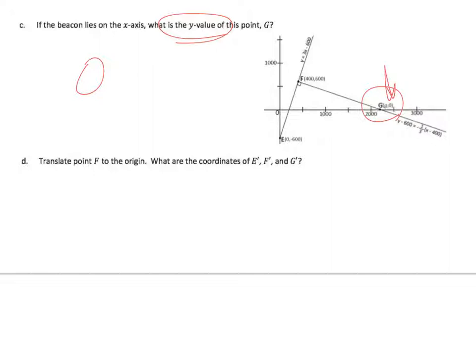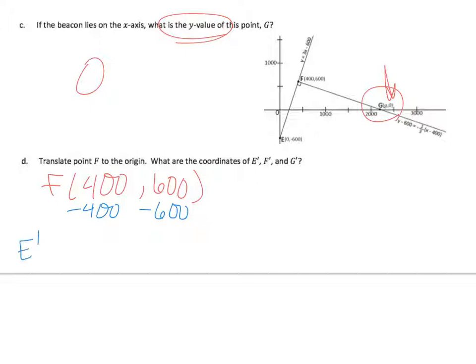But, so translate the point F, which is 400, 600, to the origin. So I'm doing a minus 400 and a minus 600. What are the coordinates of E prime? I'm going to take my value of E, which I have written on a slide. 0 minus 400.